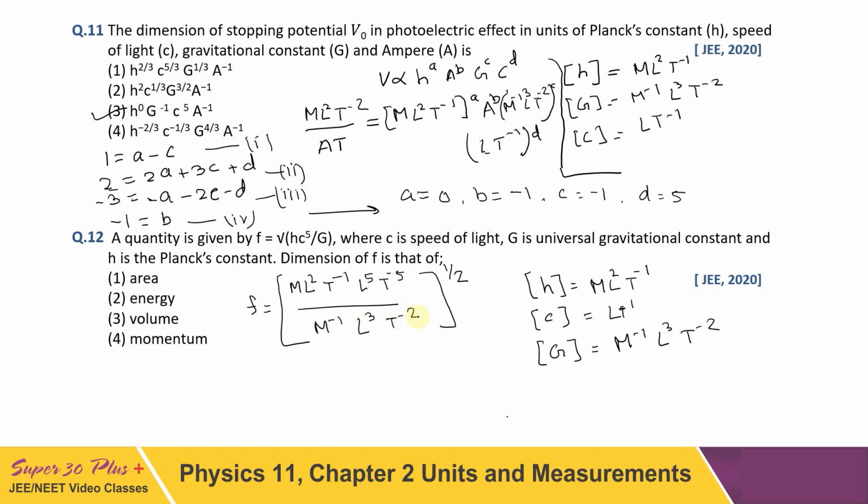If you solve this now, that would come as m square, here this is L cube, so 3 power got cancelled, this is L to the power 4. For t it is minus 2 here, so this would be t to the power minus 4 and power is 1 by 2. So it would be m L square t minus 2.